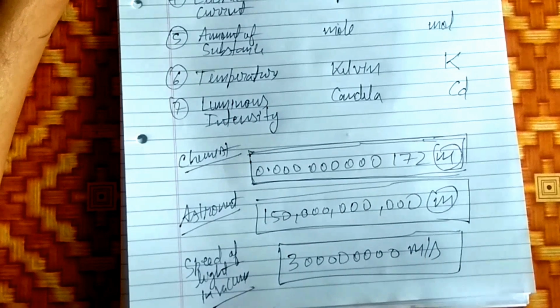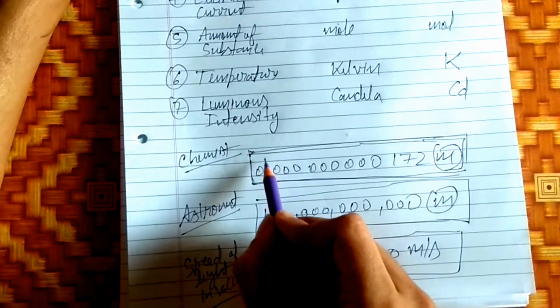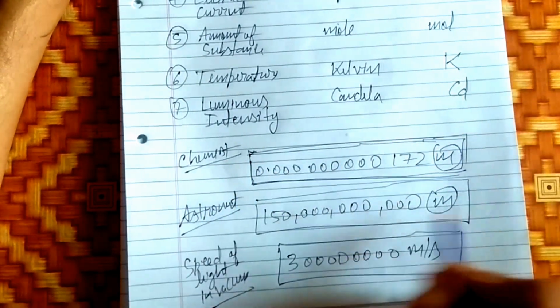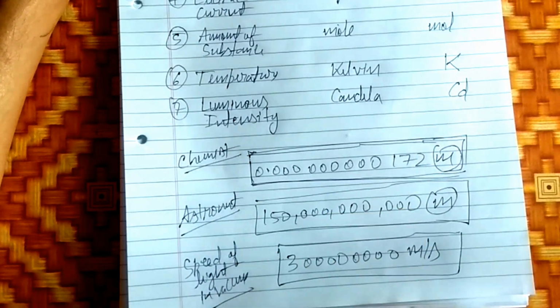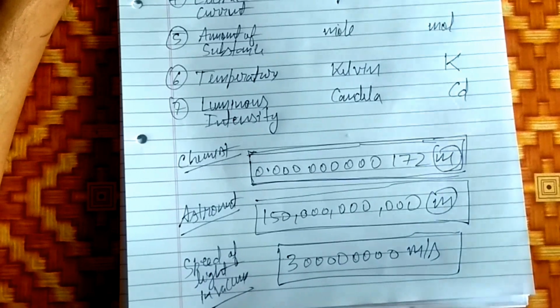Imagine a book in which all the quantities are written in this form, with big numbers. It will be very difficult for the writer to write all this on a page, and difficult for you to read the book as well. To solve this issue, since we often encounter quantities which are either very small or too large, the SI system has been modified with the help of prefixes.